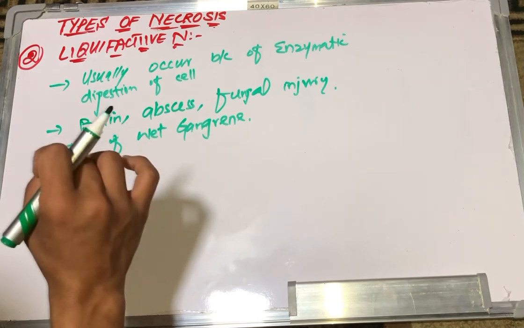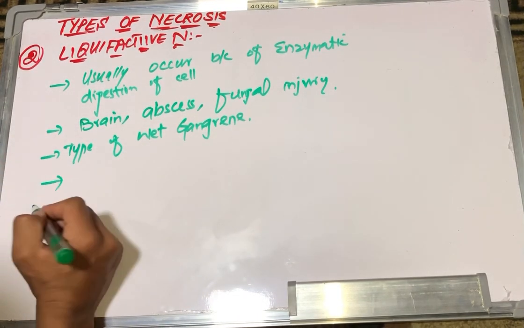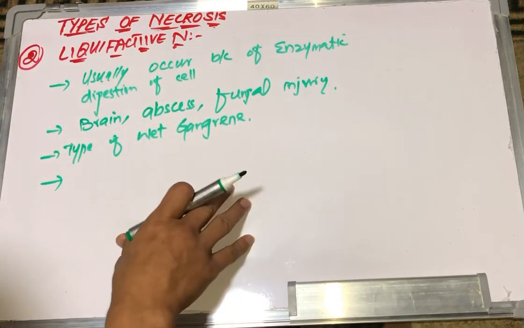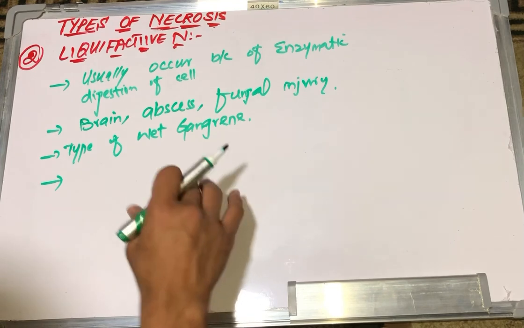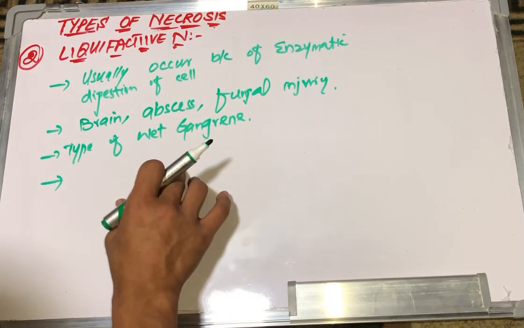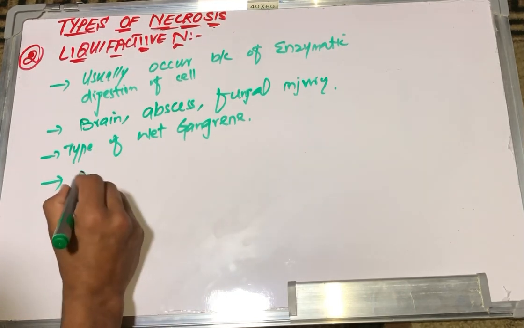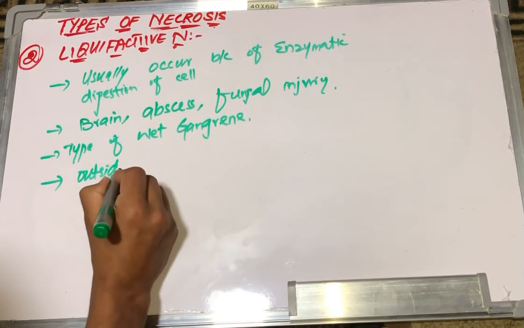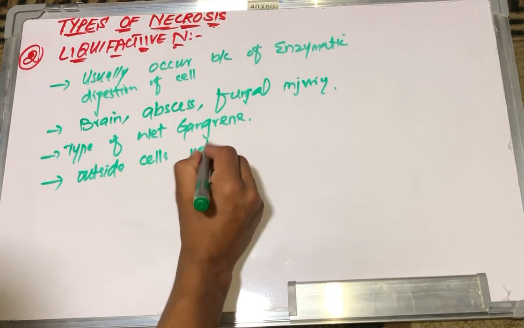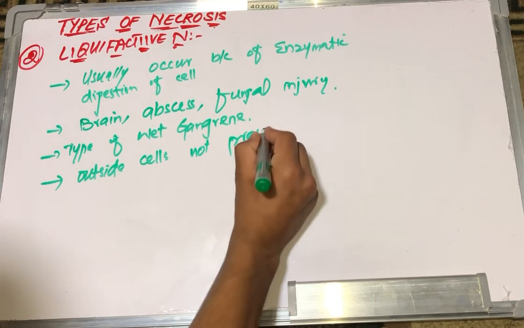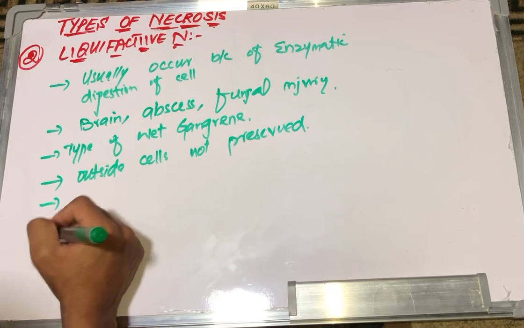That is why we call it liquefactive necrosis. As we said, in coagulative necrosis the outer cells in the tissue are preserved. In liquefactive necrosis, the cellular outlines are not preserved, meaning they are injured.